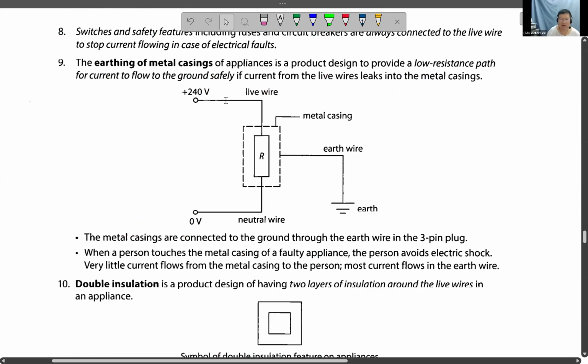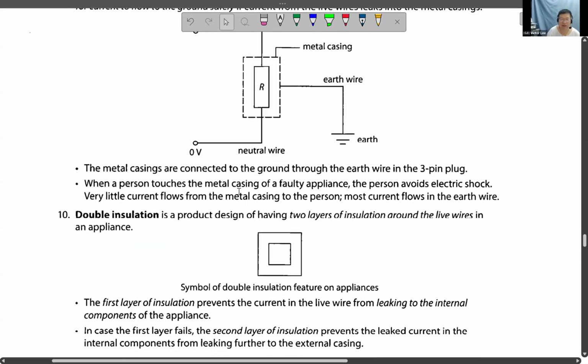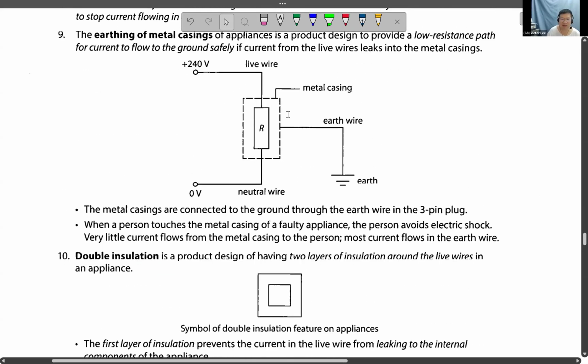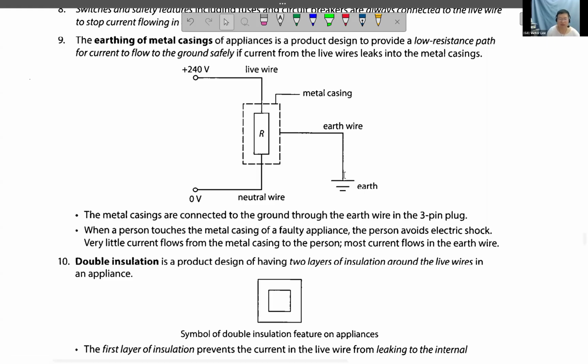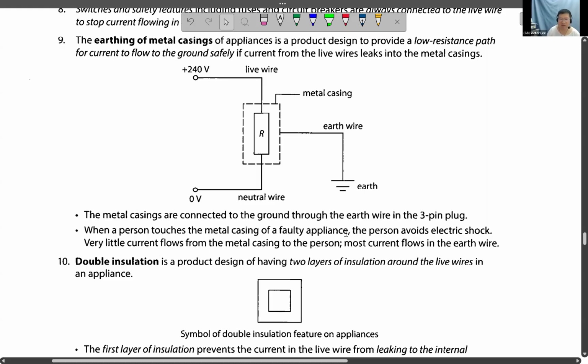All right, so we have a live wire and the neutral wire, and then the casing has the earth wire. The earth wire is not connected to the motor, it's connected to the casing. So when a person touches the metal casing of faulty equipment, the person avoids electric shock because current tends to flow to the earth rather than through the person.